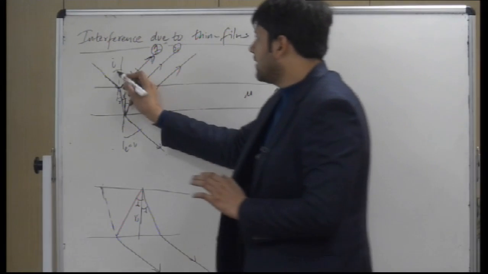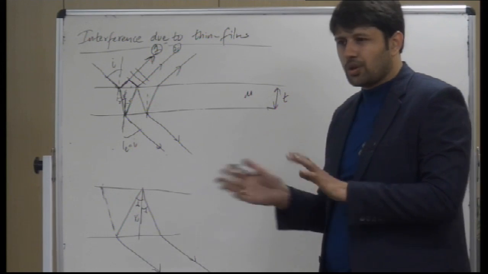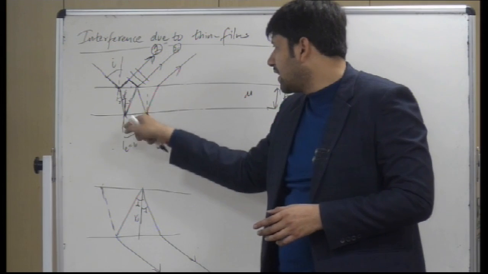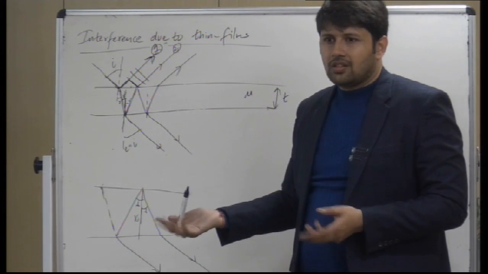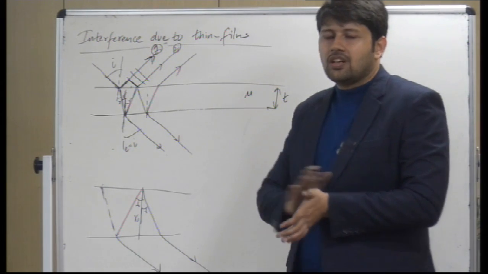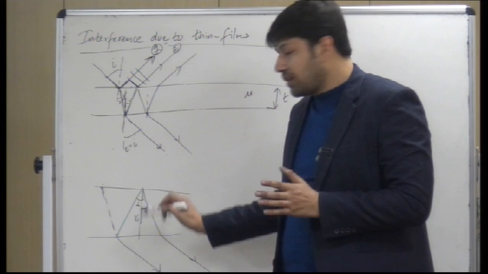When I is very small, it's very easy to calculate: these slant parts would be actually equal to T, the hypotenuse would be equal to T. When I is appreciable, then you have to calculate everything.